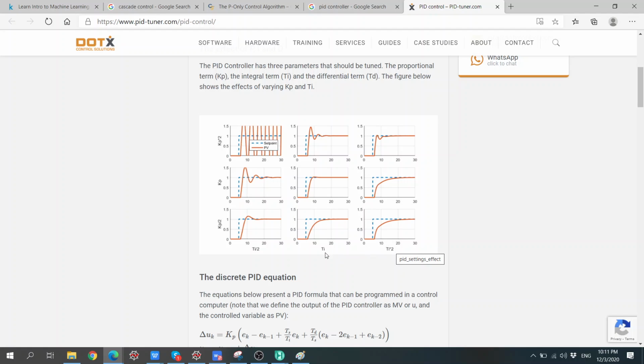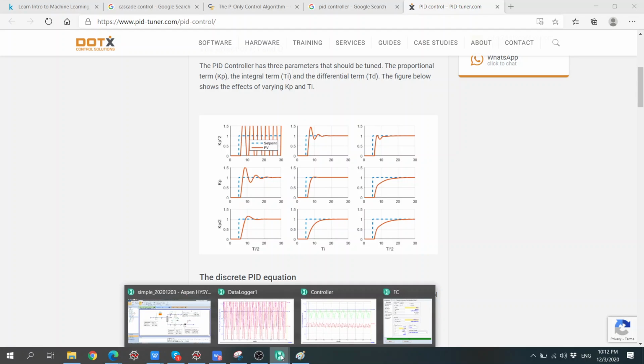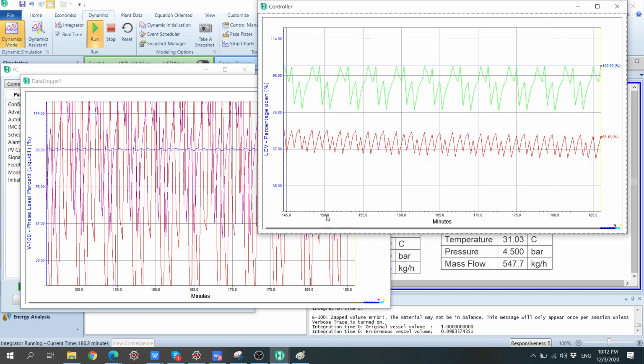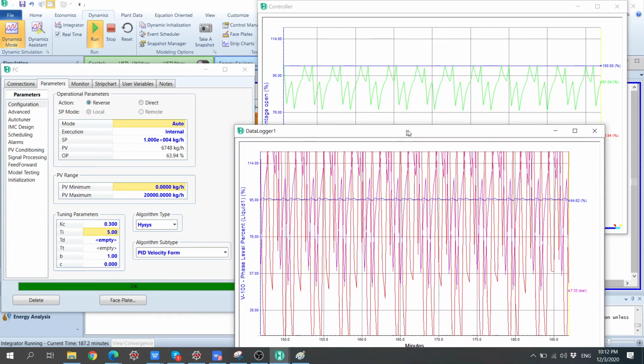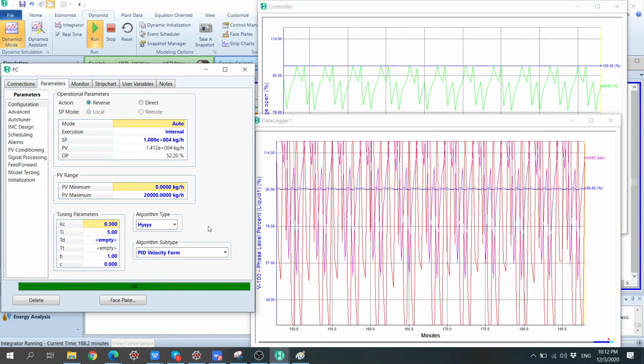And if we make the tau I smaller, that means the effect of the I controller is bigger. So you can see from here to there, it becomes more aggressive, and more aggressive, until it oscillates. So that is what's happening for the KC and tau I. And this one we can even reduce further.